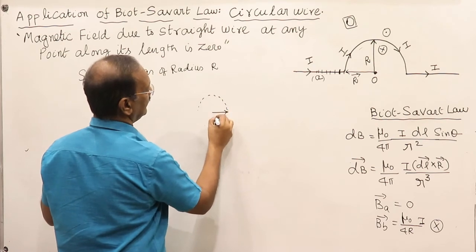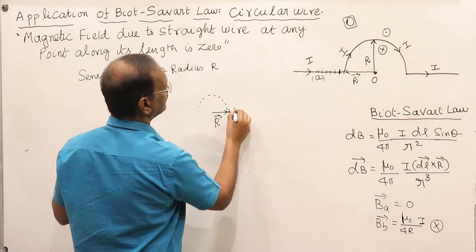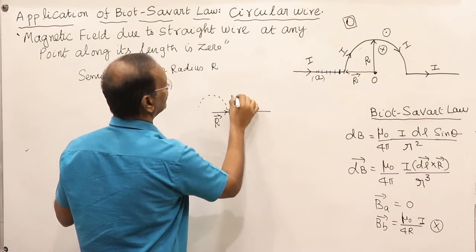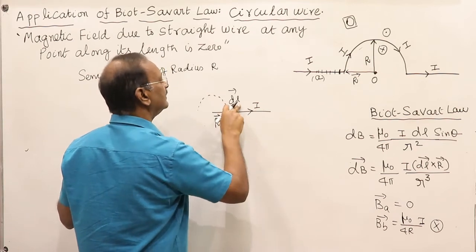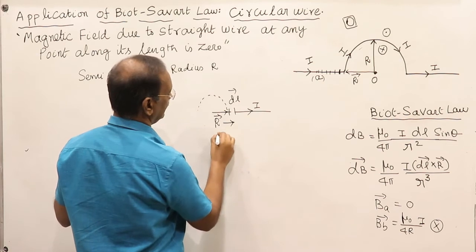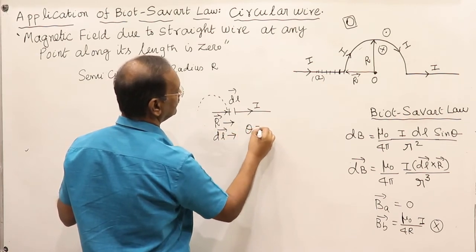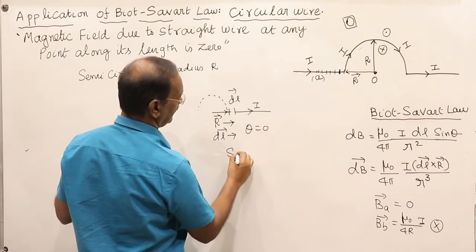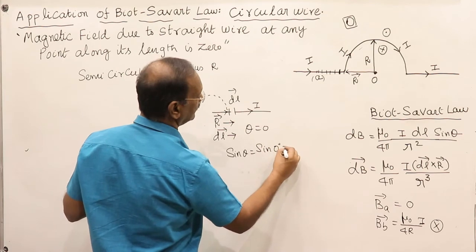This is the r vector in this direction, and this is the dl vector. Current is in this direction, so the dl vector is in the direction of current, and r is in the same direction. So theta is equal to 0, and sine of 0 degree is equal to 0.